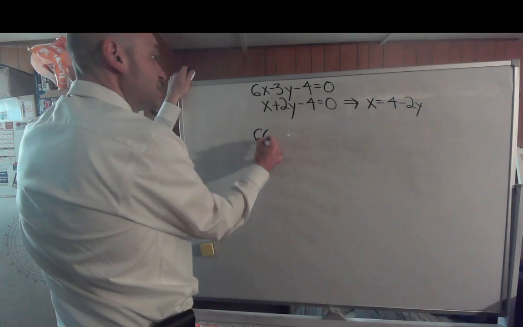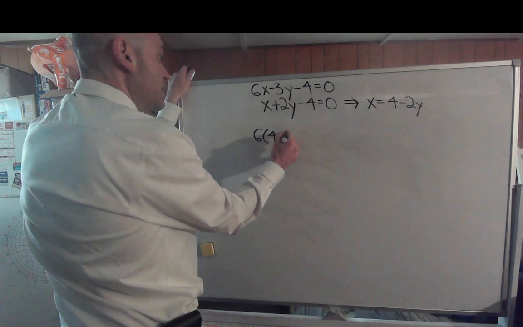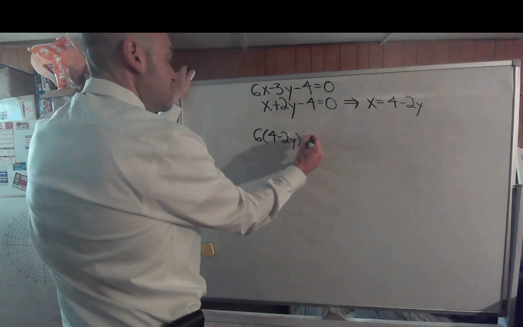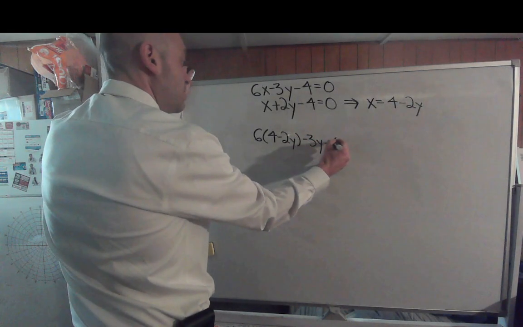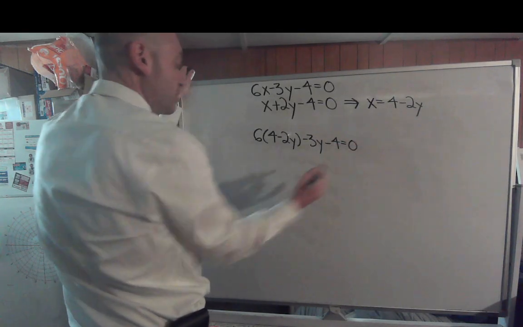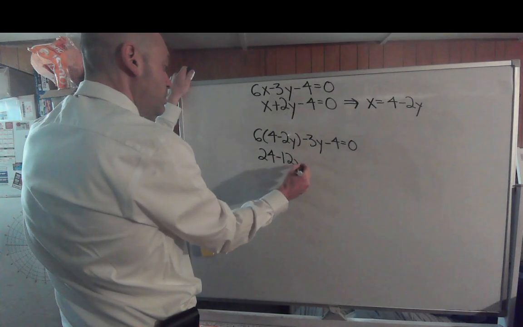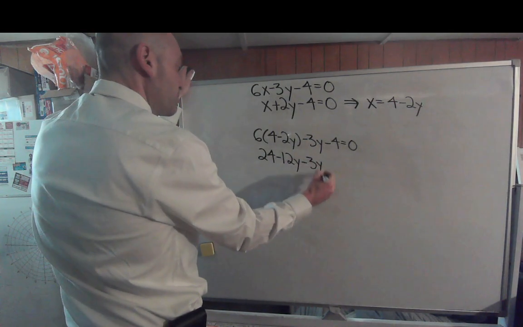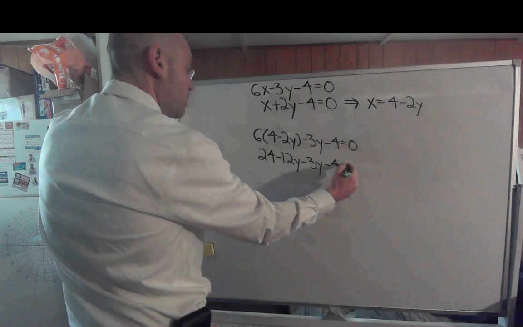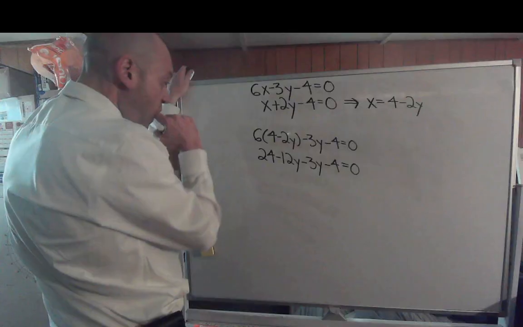So we'll take 6 times that 4 minus 2y minus 3y minus 4, set that equal to 0.